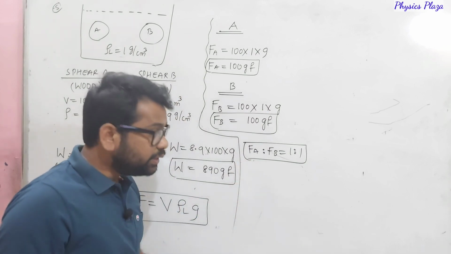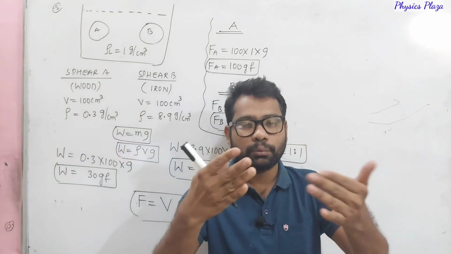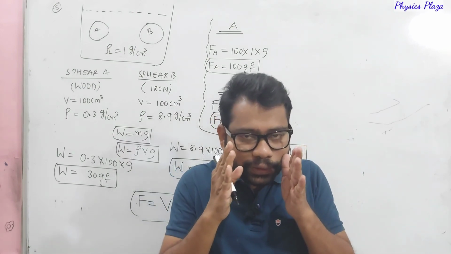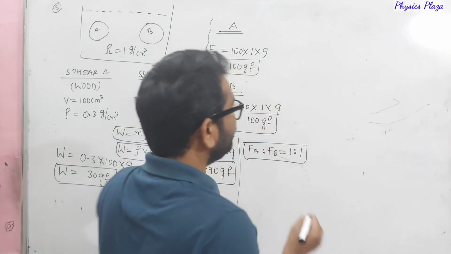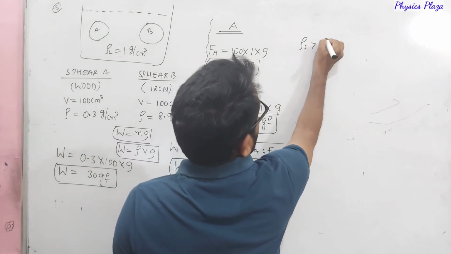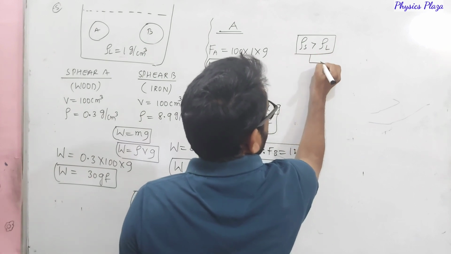Now, children, of course, with this you cannot say that both will float or both will sink. Then how can we answer? Yes. Now we have to think about the densities. Children, we know very well, whenever the density of the solid is greater than the density of the liquid, what will happen? It will sink.